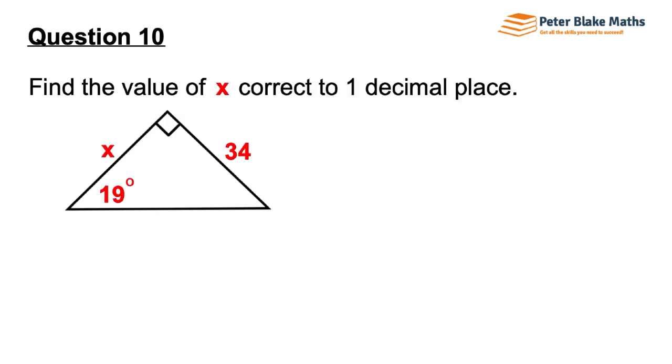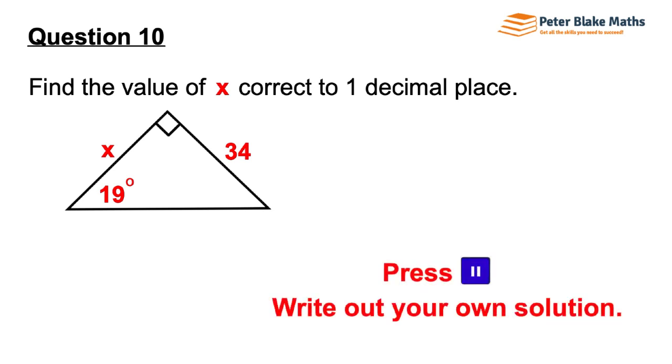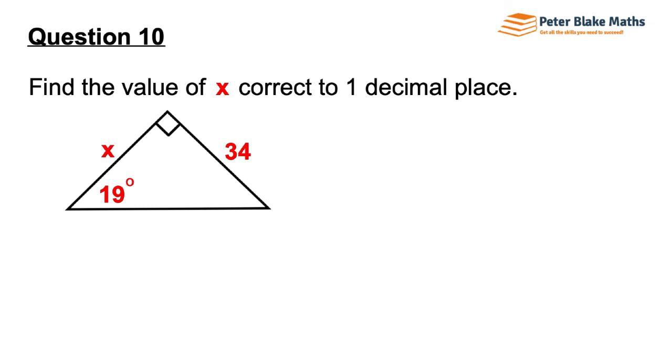Question 10. Find the value of x correct to one decimal place in the diagram below. Alrighty, now from the 19 degrees that we're given there, this question involves an opposite side of 34 and an adjacent side with x on it.